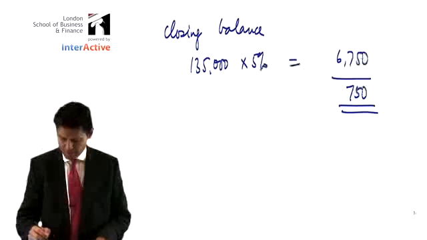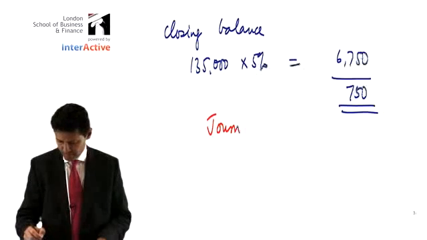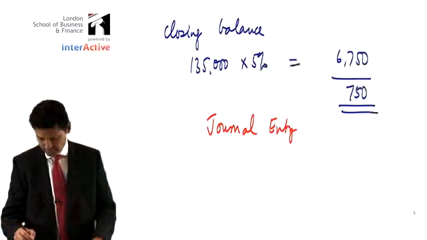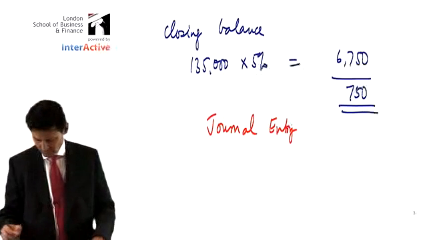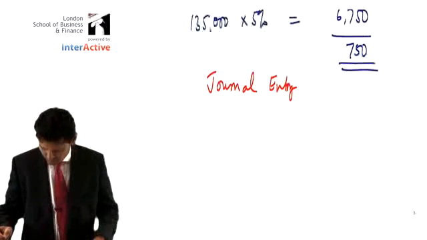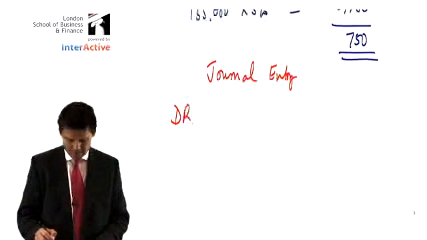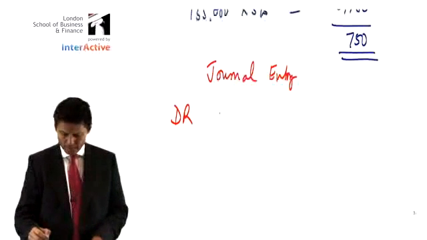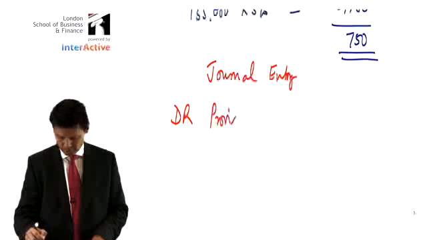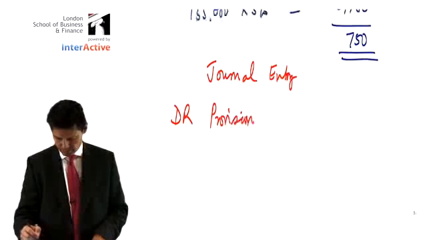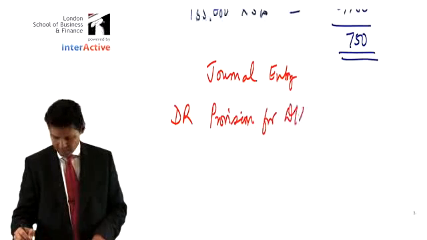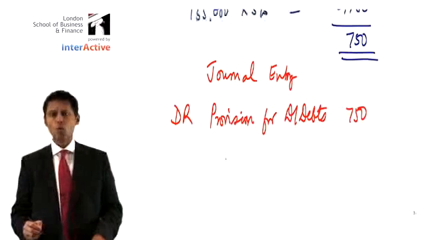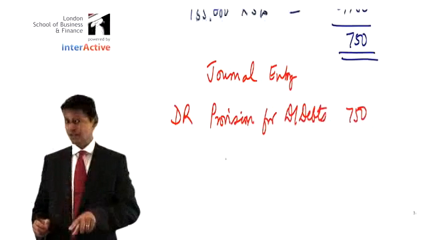So you remember some of these journal entries? I'm going to debit the provision for doubtful debts or allowance for receivables, 750. Oh, a provision is a credit usually.